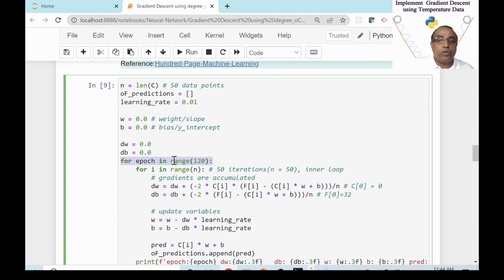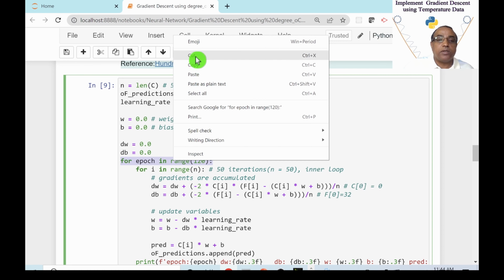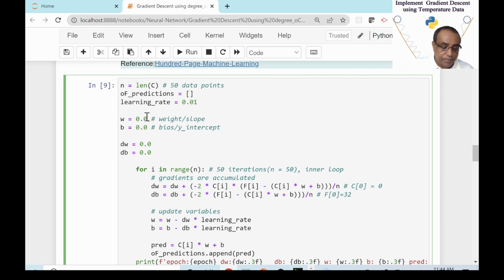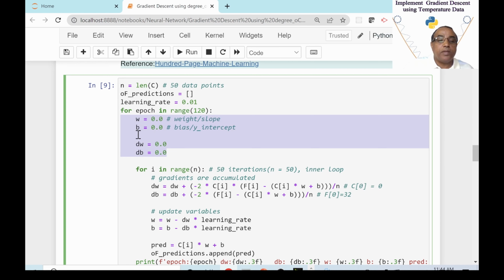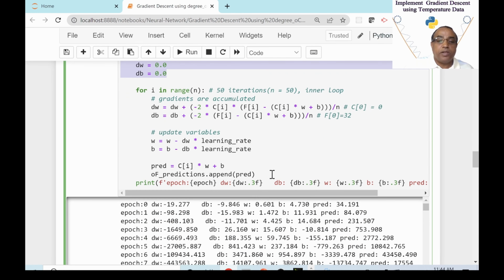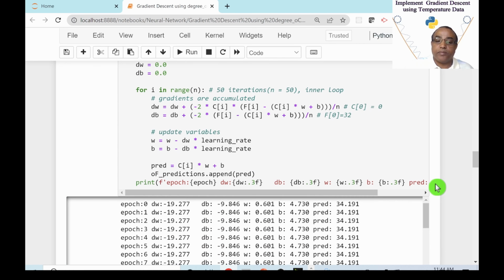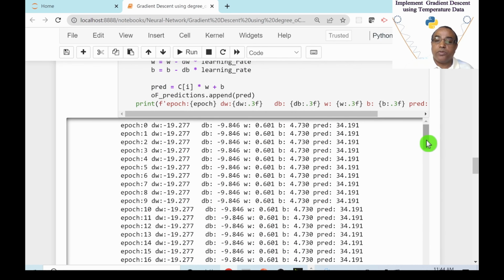How about if you put it over here? Let's put a tab. Okay, what happens if you put it over here? Let's run the cell and see the results. So what do we have?